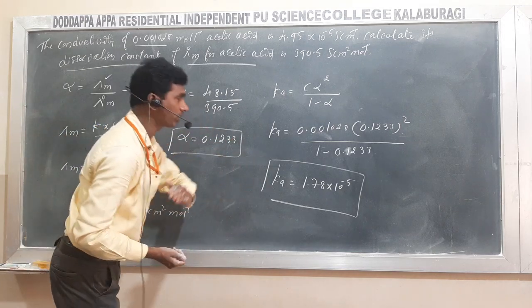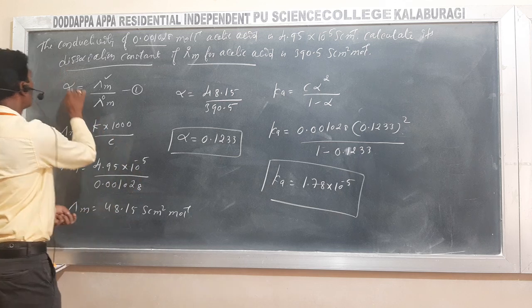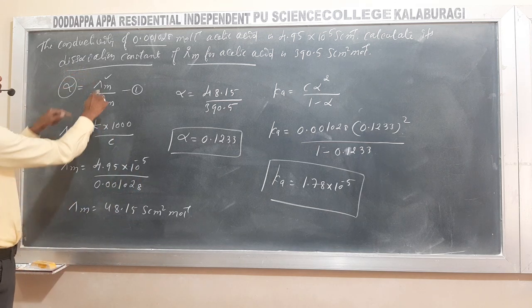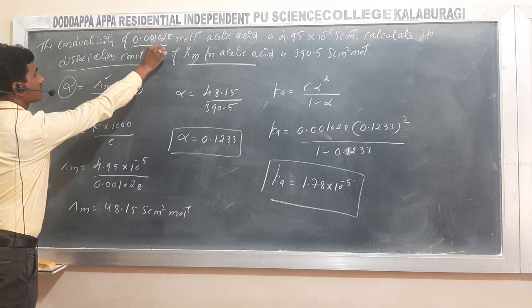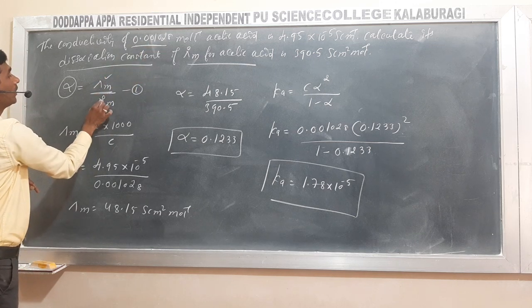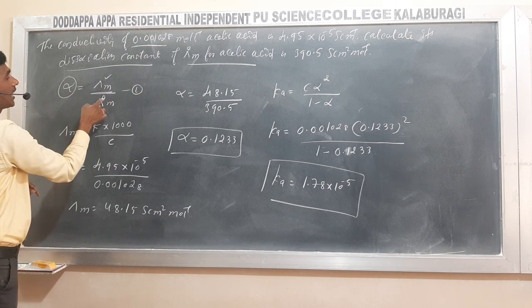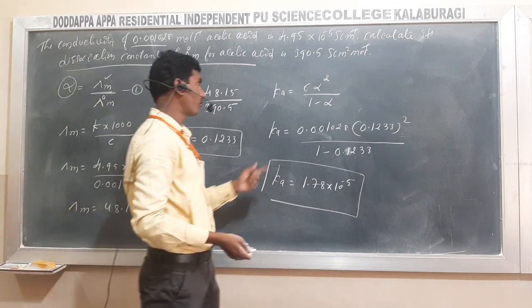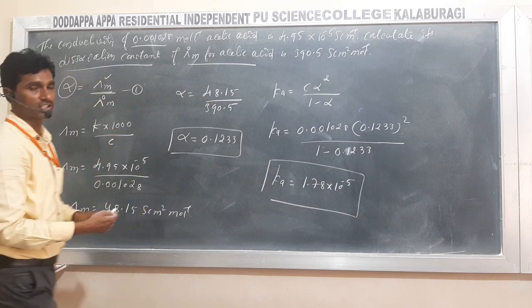Before going to the calculation of the dissociation constant, you have to find out alpha. What is alpha? It is the ratio of molar conductivity at a given concentration to limiting molar conductivity, that is lambda naught m. So this is the way of calculating the dissociation constant.